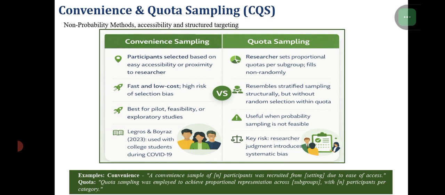In fact, when you take up a non-probability sampling technique in your sampling method, you must acknowledge the limitation of the sampling you used in your discussion.